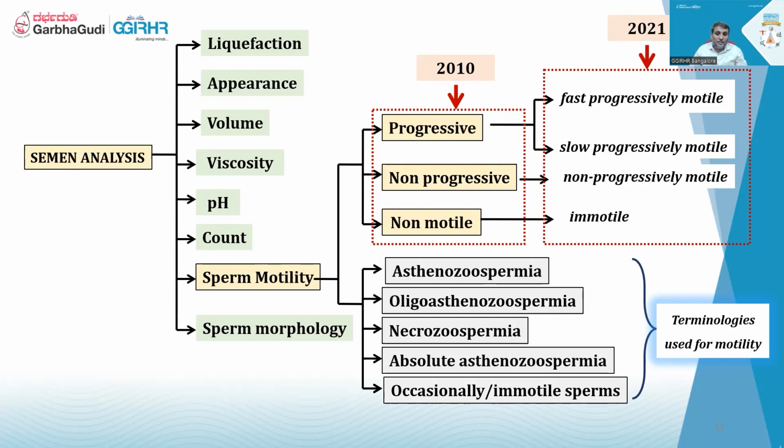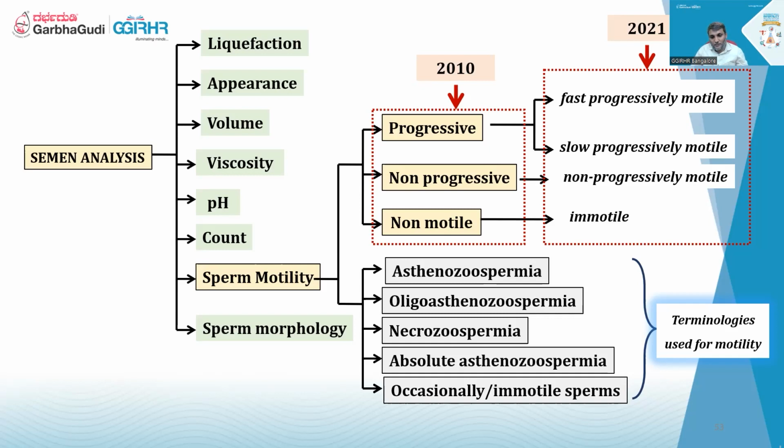Absolute asthenospermia means sperms are not dead, but they are not moving. Whereas necrospermia means a particular percentage of sperms are dead, so maximum sperms are dead and minimal sperms are alive.